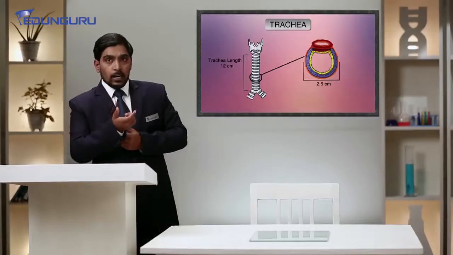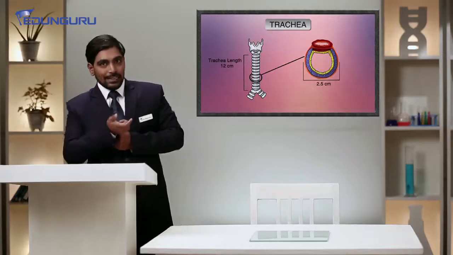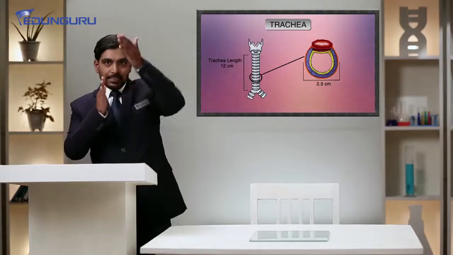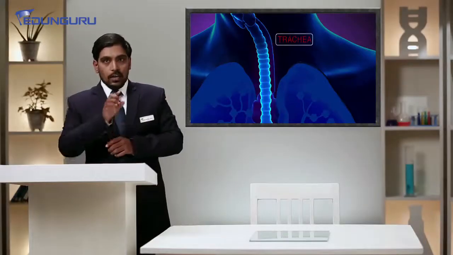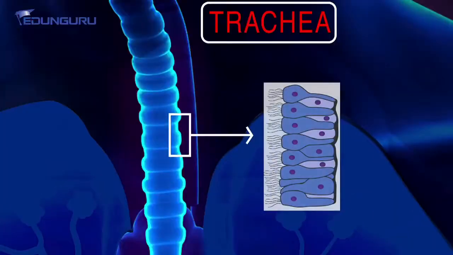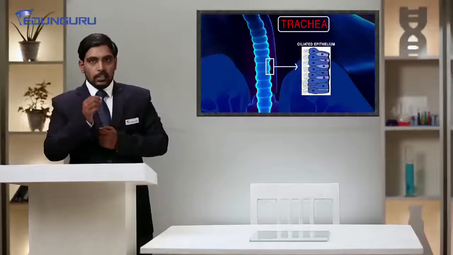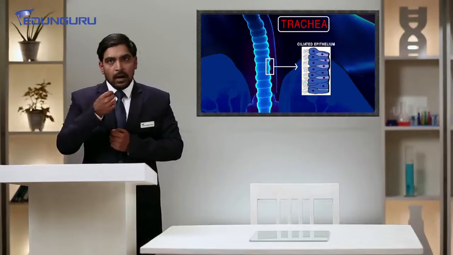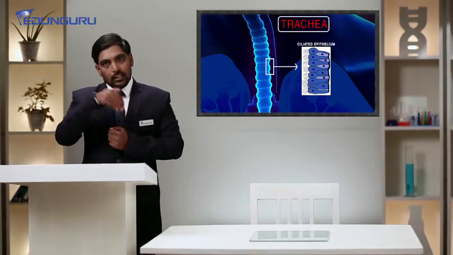Now the trachea is made up of C-shaped cartilaginous rings, and when we take a section of the trachea and try to see inside, what can we see? The trachea is basically lined by ciliated epithelium. Now why is this cilia present there? There are two reasons. First reason is, when we breathe in at a very fast rate, there is a possibility that a dust particle might escape your nostril hair and reach into the trachea.